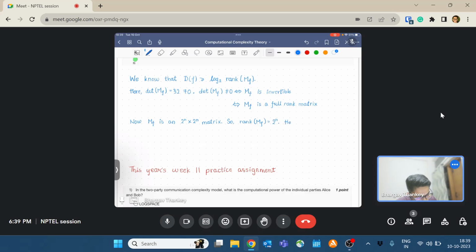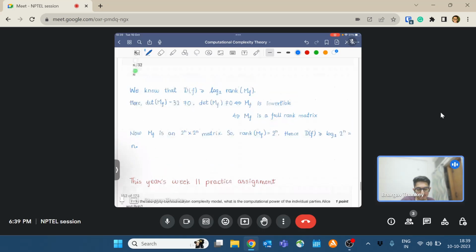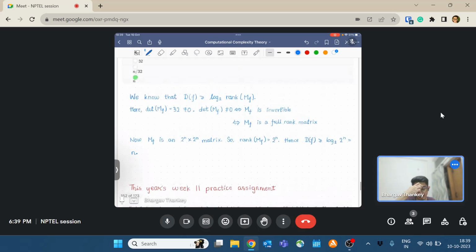And Df is at least log base 2 of 2 to the n, which is n. So the deterministic communication complexity is at least n.